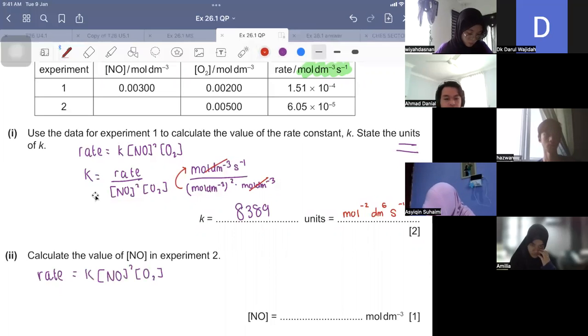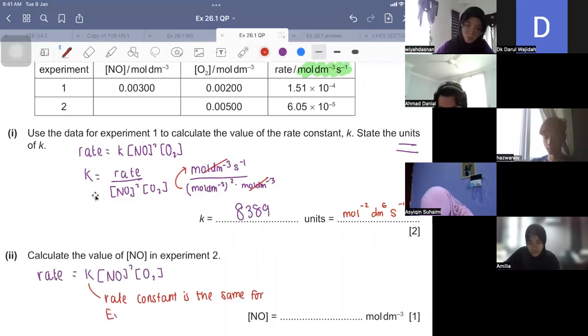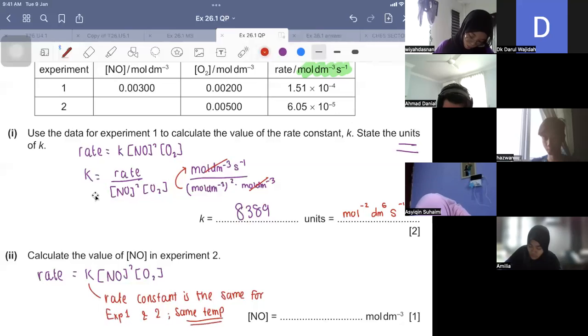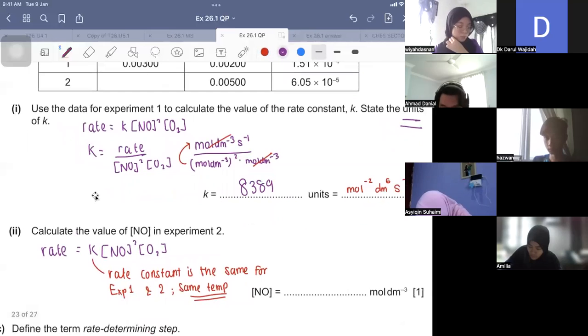And this time your rate constant is the same for experiment 1 and 2, because same temperature. Okay, so I will let you work that out, and I will give you the numerical answer shortly.